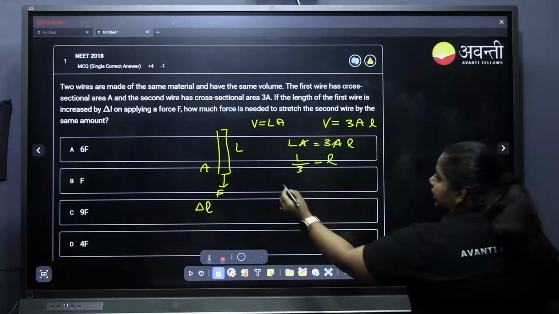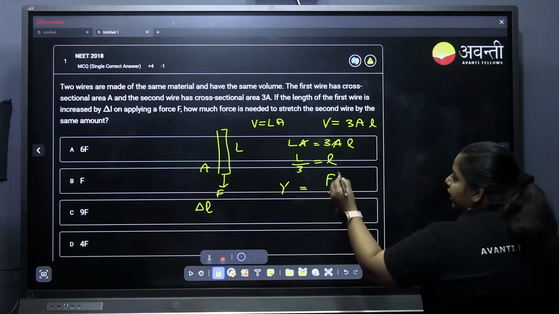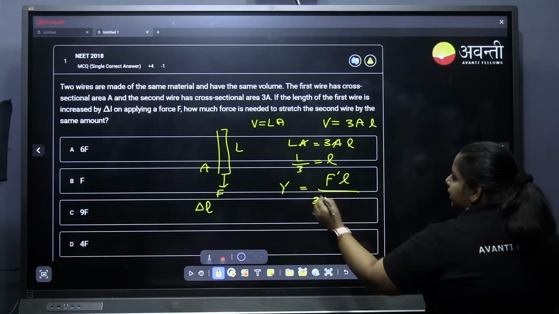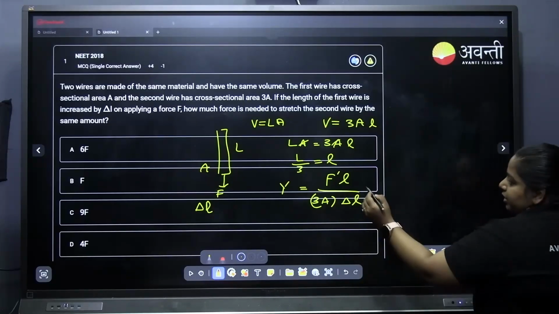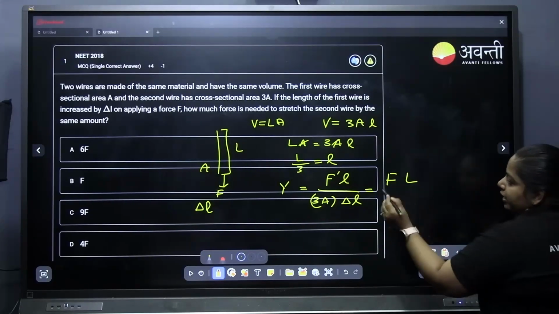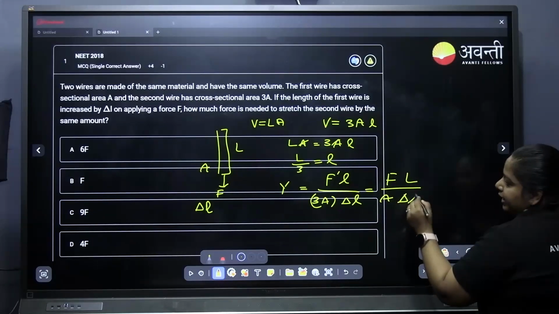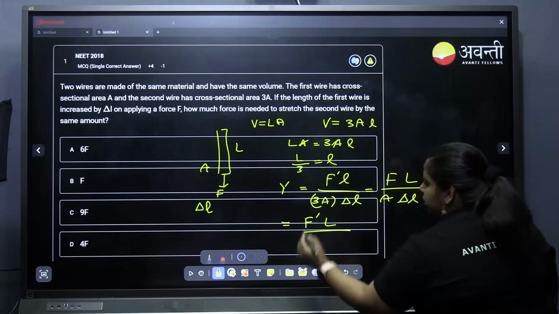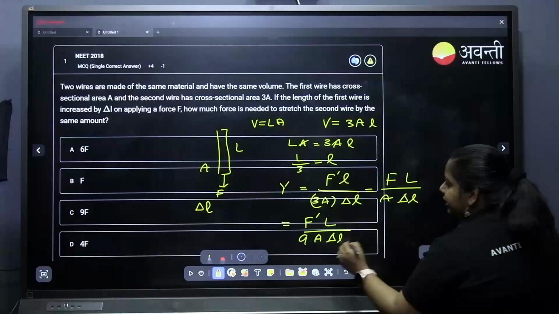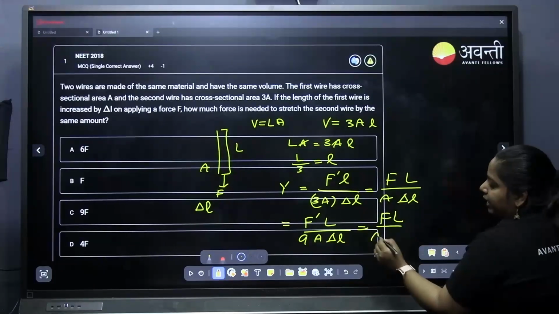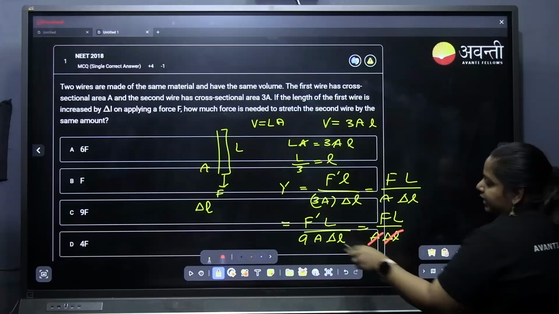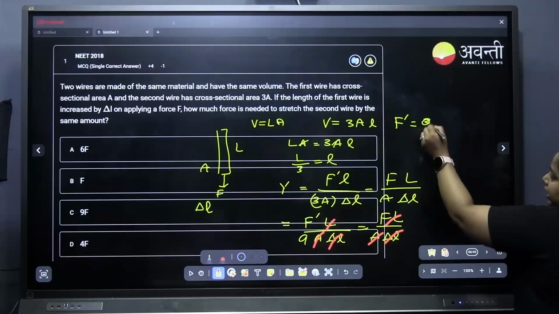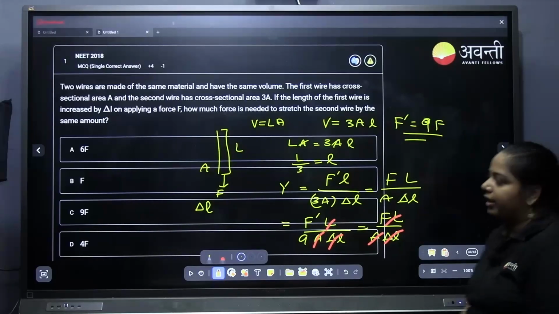So here Young's modulus, if we are finding, is F dash small l divided by 3A into delta L. This is equal to FL by A delta L. Substituting here, F dash into L by 3 over 3A, that is 9A delta L, equals FL by A delta L. Cancelling out these things, we will have F dash equal to 9F. Okay, answer C.